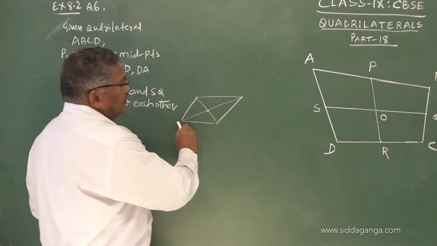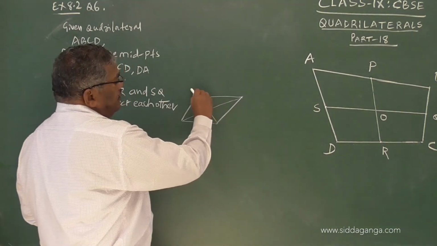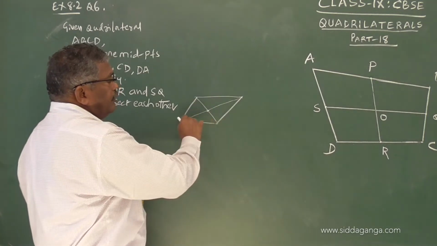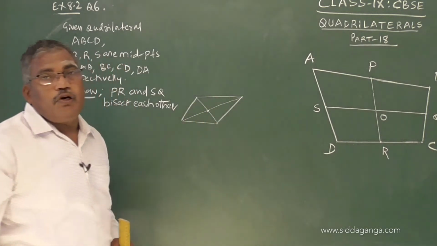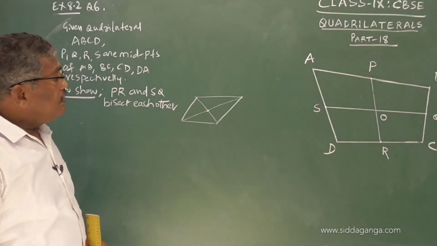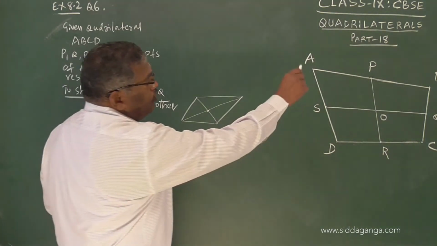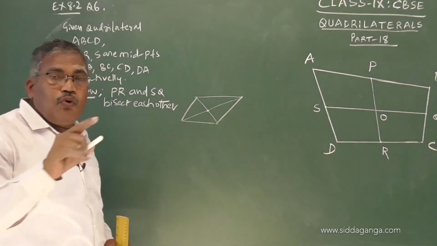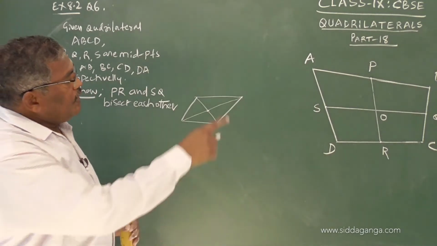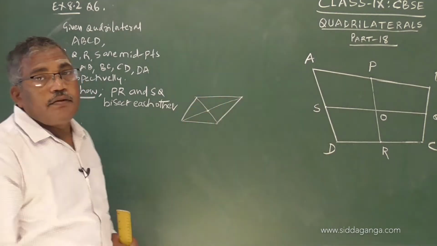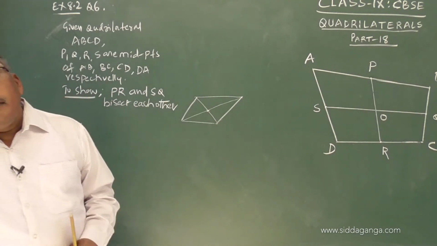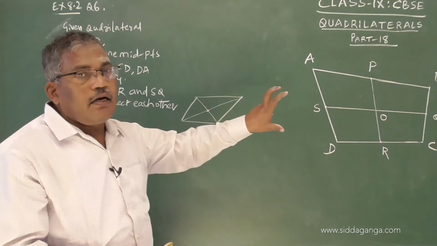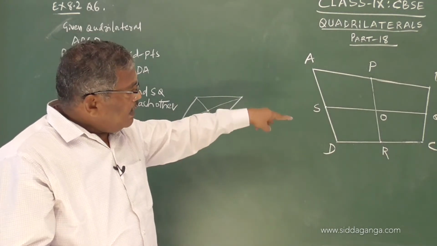So instead of proving PO equals OR and SO equals OQ, if we prove that PQRS is a parallelogram, then PR and SQ become diagonals.